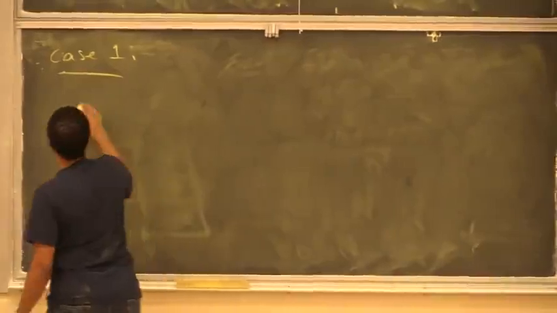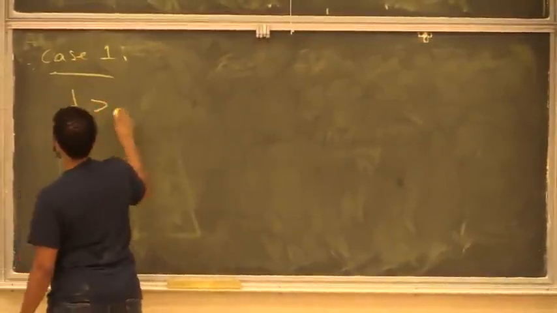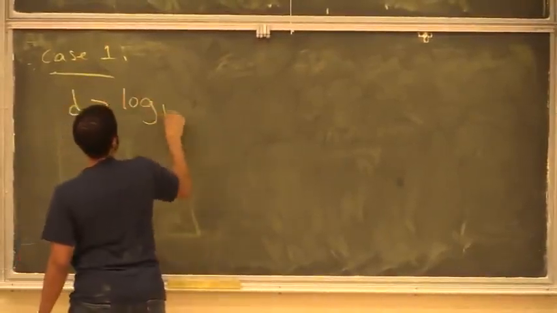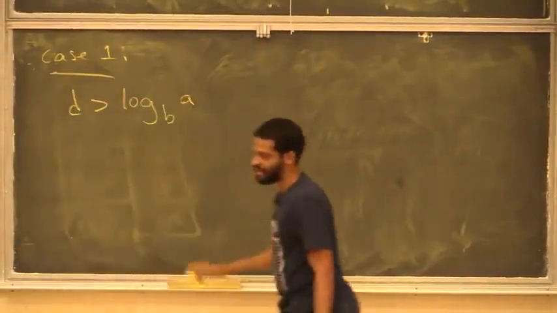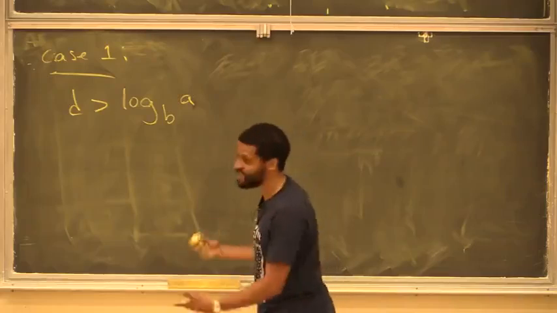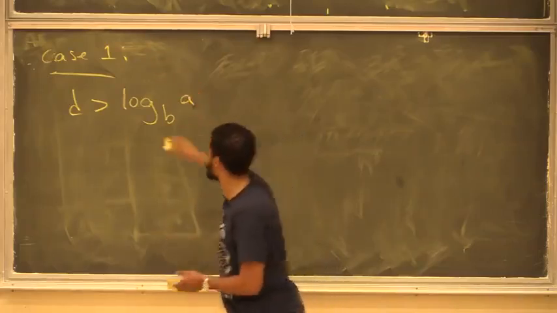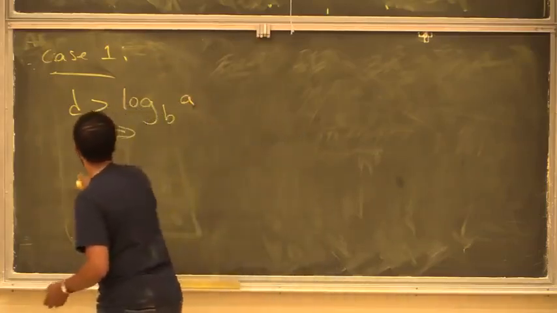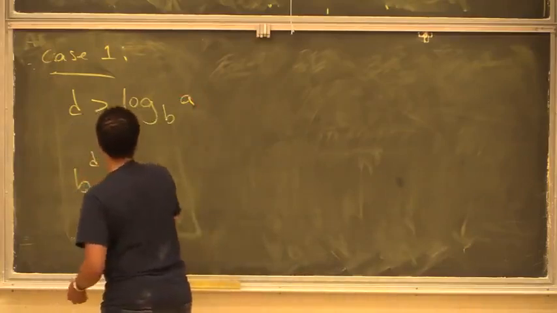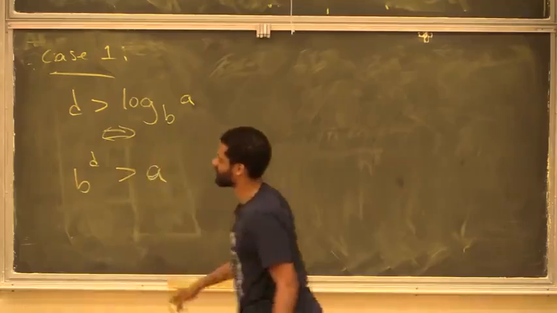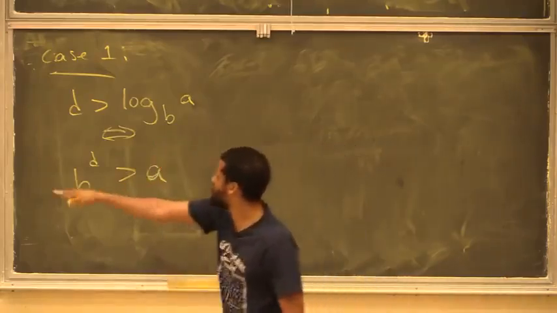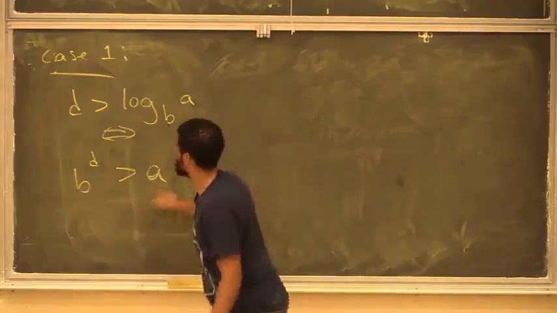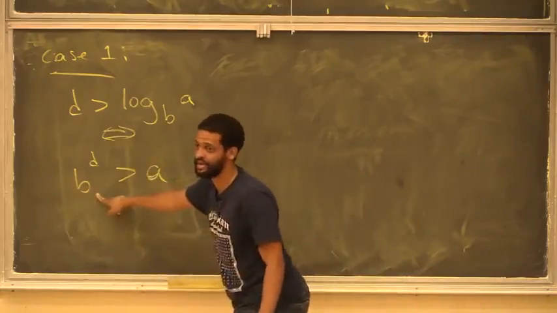is that d is bigger than log base b of a. Which if I raise both sides, if I do b to both sides, this is the same thing as saying b to the d is bigger than a. Right? So I had that a equals b to the d. Now I have a is less than b to the d. Right?